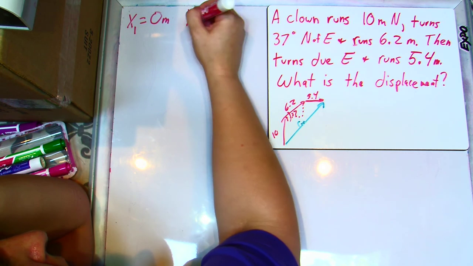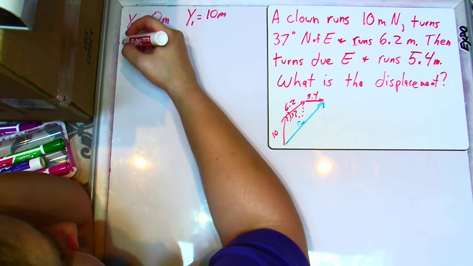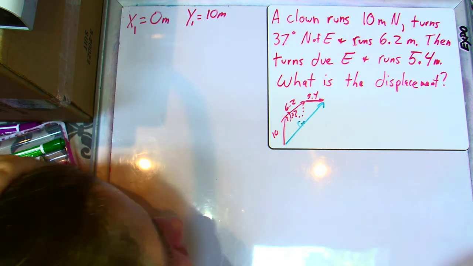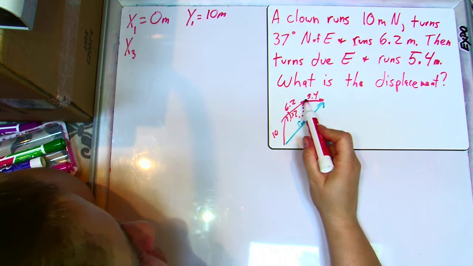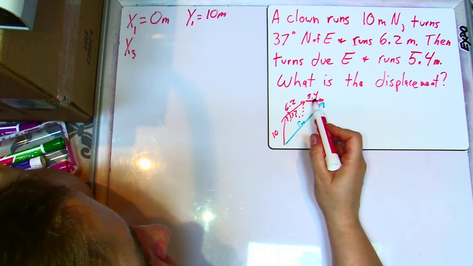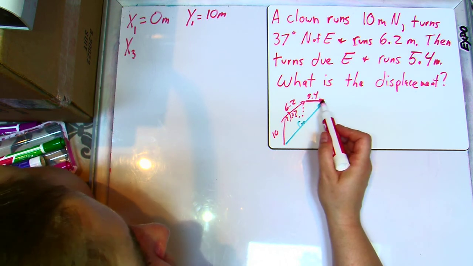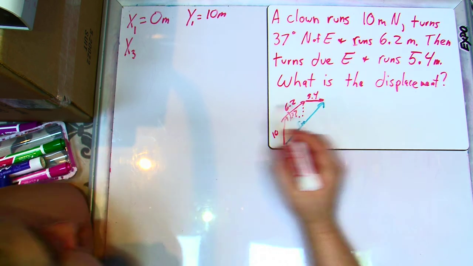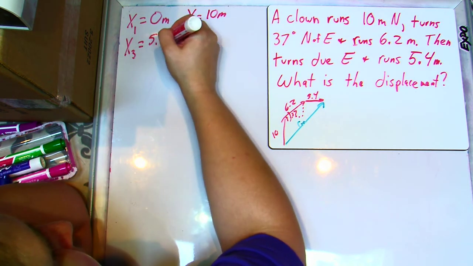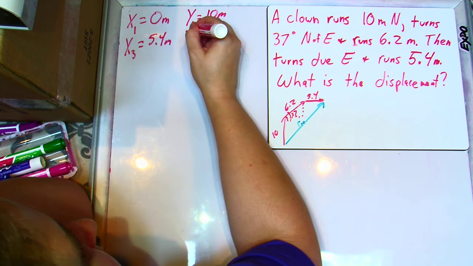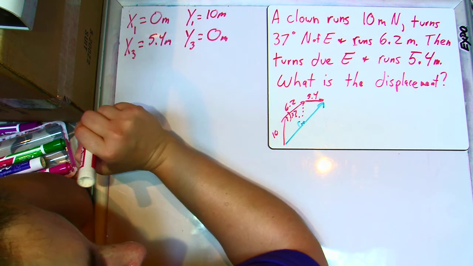And the y value will be 10 meters. Let's go to vector 3. So again, these are going to be the easiest. In vector 3, he is heading 5.4 meters straight east, which means he has an x movement, but no vertical movement. So that equals 5.4 meters. And since he's moving straight horizontally at that point, he has no y movement.